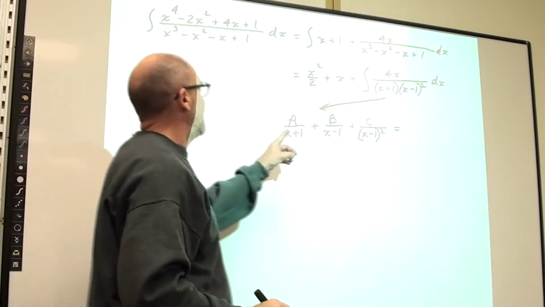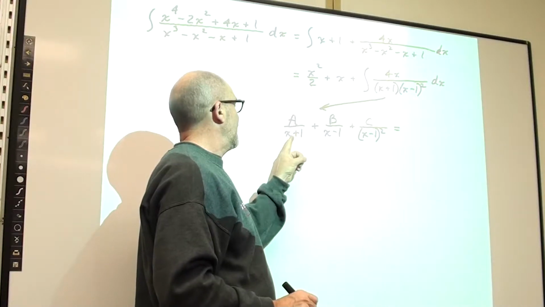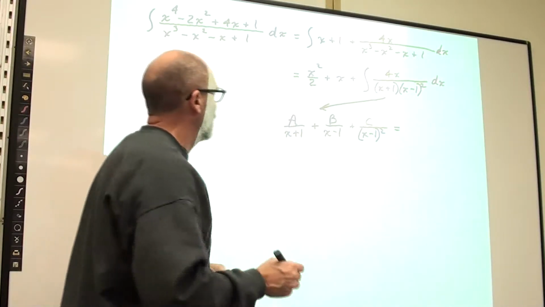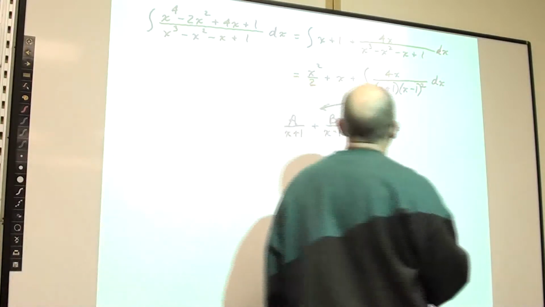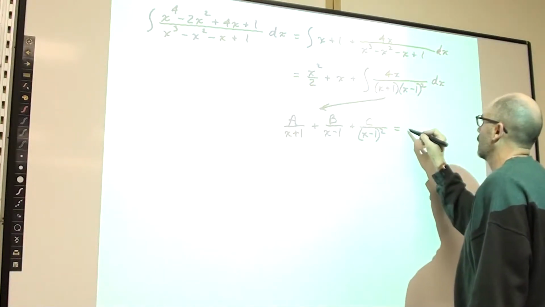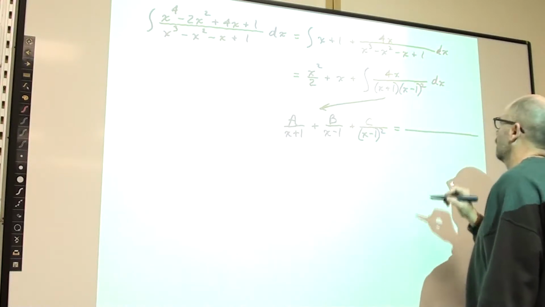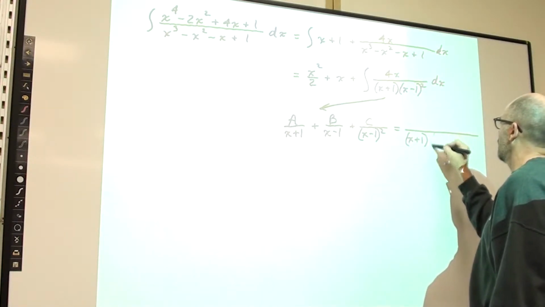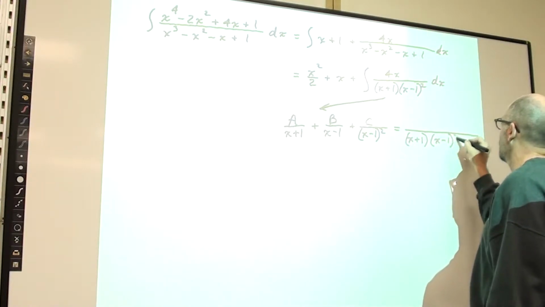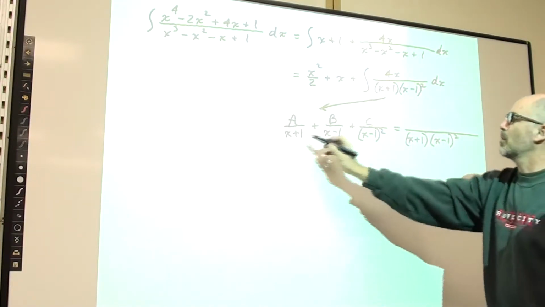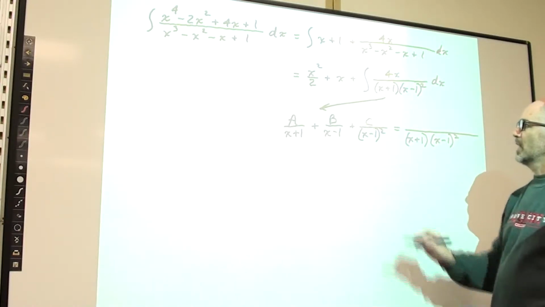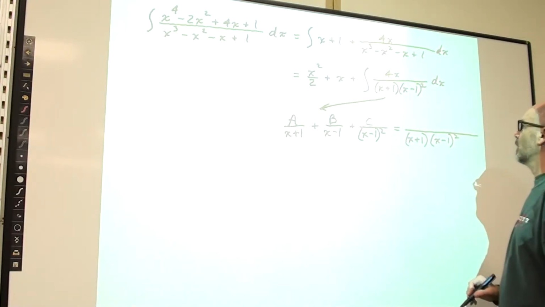The common denominator here is just going to be x plus 1 times x minus 1 quantity squared. We don't have to multiply all three of these together because we have a common factor in x minus 1 quantity squared.